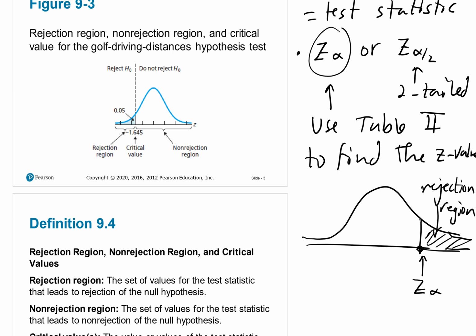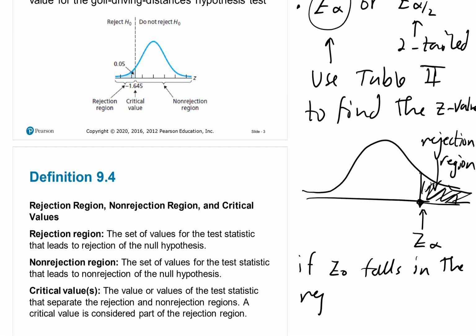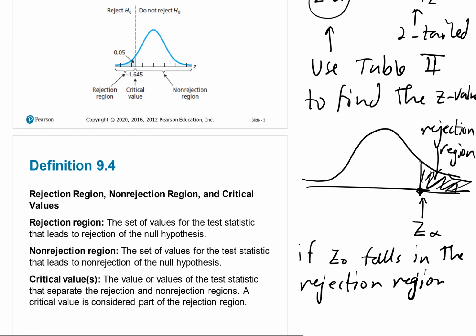After we find z sub 0, if z sub 0, the test statistic, falls in the rejection region, the highlighted region, we then reject the null hypothesis. If it falls in the other region, to the left of z sub alpha, we fail to reject the null hypothesis. We do not reject it.